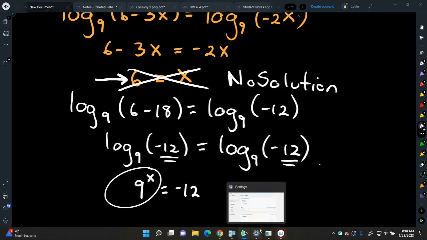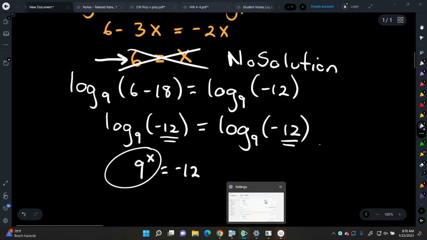On your homework 6, I would like you to do numbers 1, 2, and 4. Actually, that's not true. Wait a minute. I've got to go through that a little bit better.